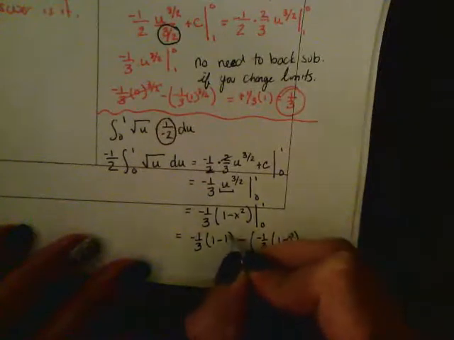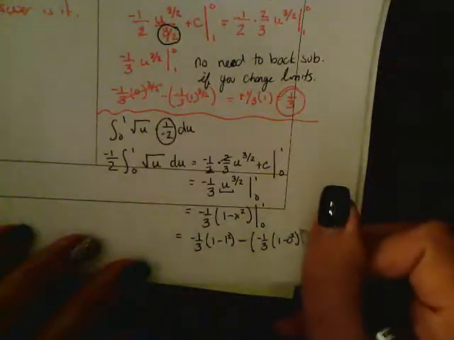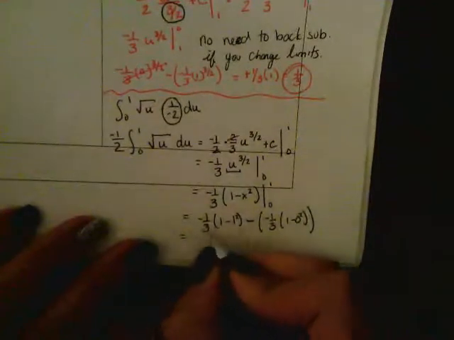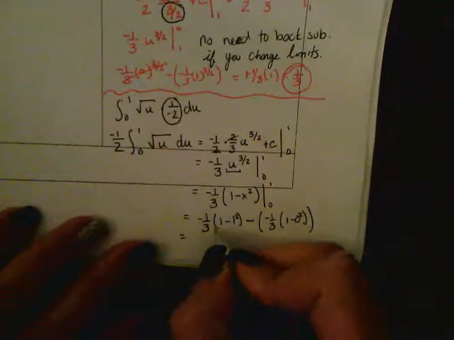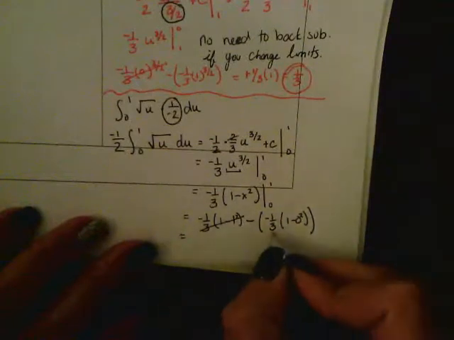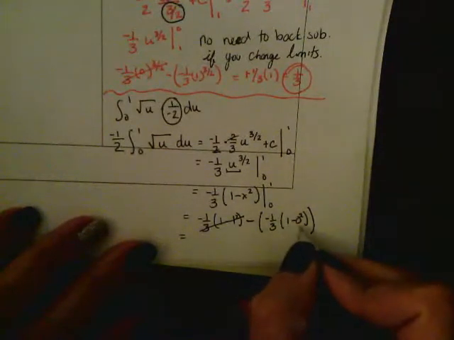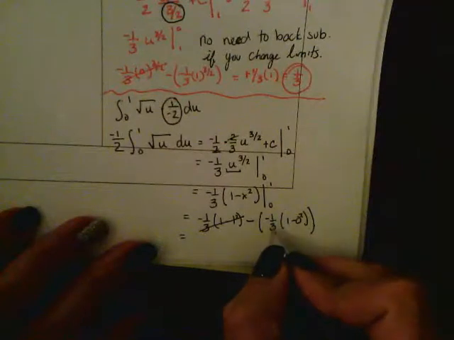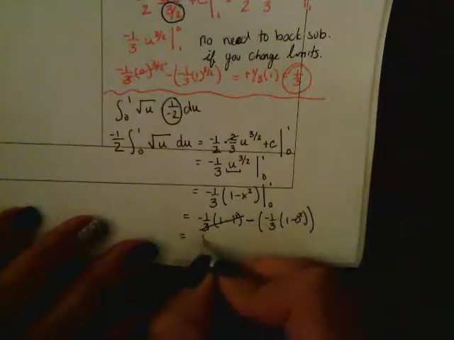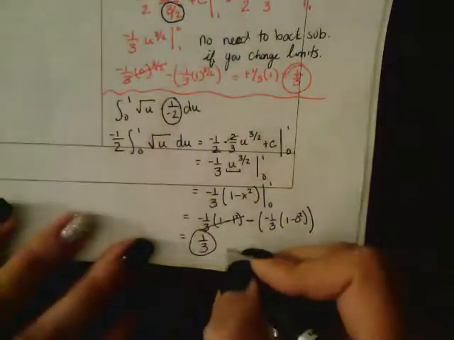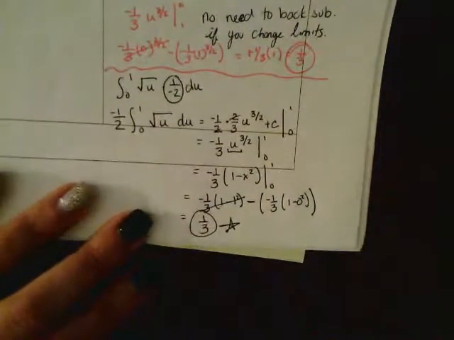Remember, this is squared and this is squared, just in case that confuses you guys. So here, -1/3, 1 minus 1 is 0, so that actually ends up canceling out. And here we have 1 minus 0, which is 1, times -1/3. Of course, distributing the negative, so it's 1/3. So you get the same exact answer both ways.